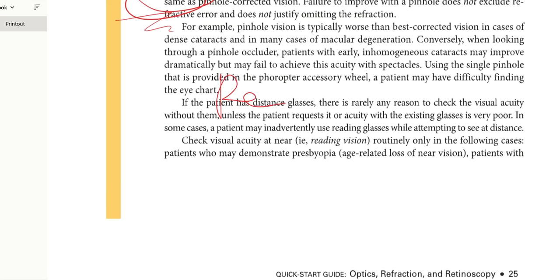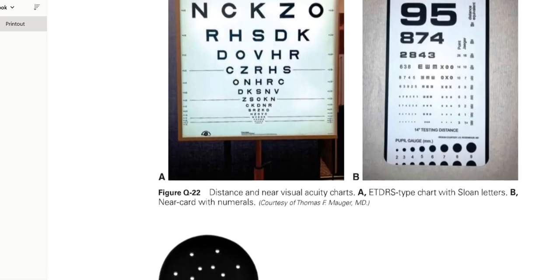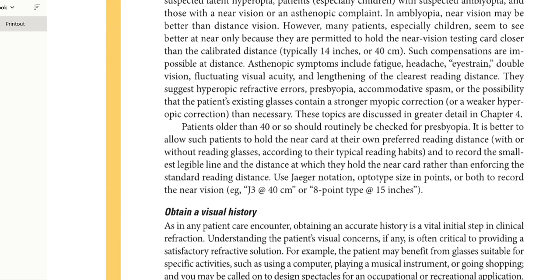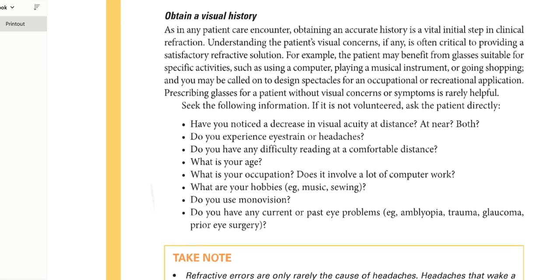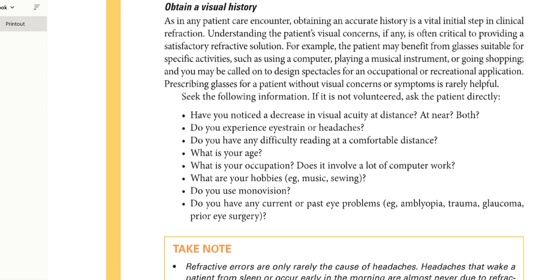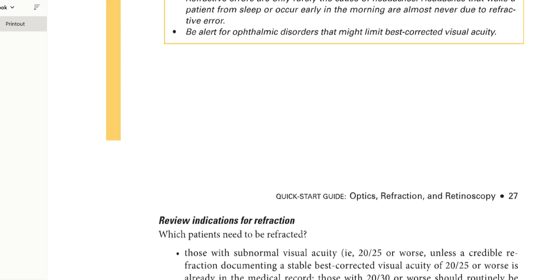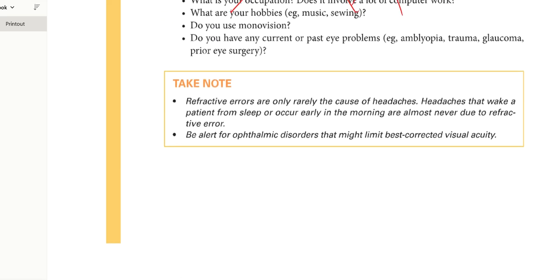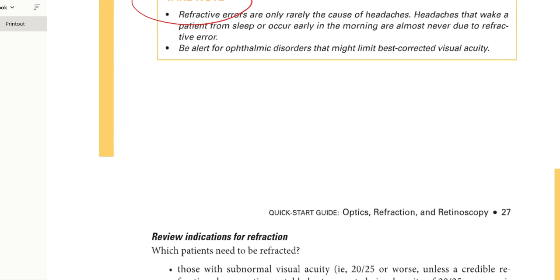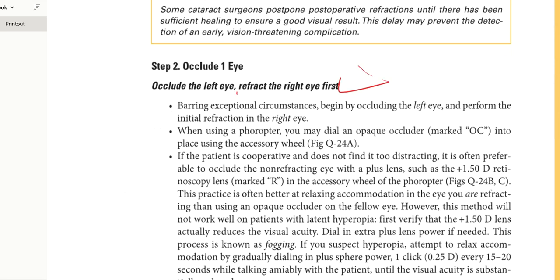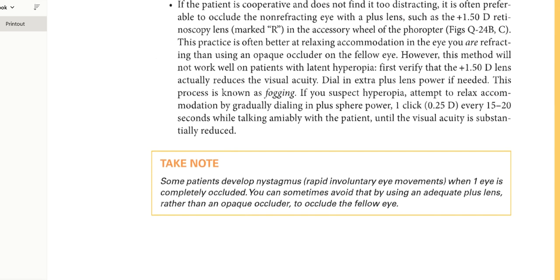A quick read will be sufficient. Yeah. Important, okay. Important, okay.